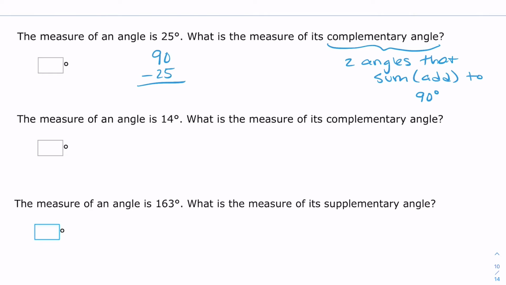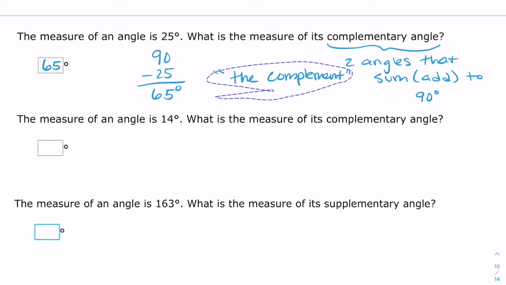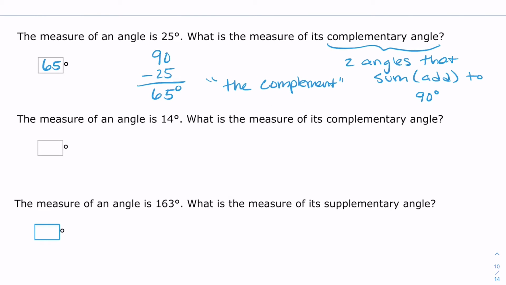So 90, 80, 70, 65 degrees. So the answer is the complement. It's called the complement. The complement to 25 is 65.